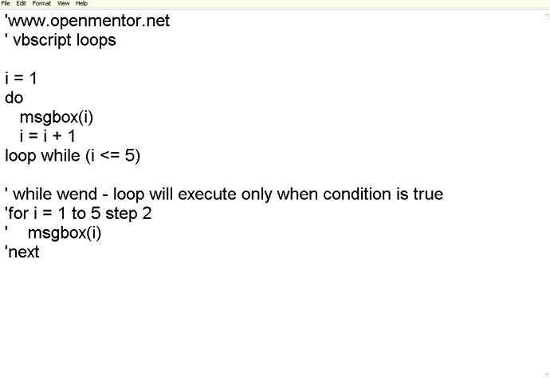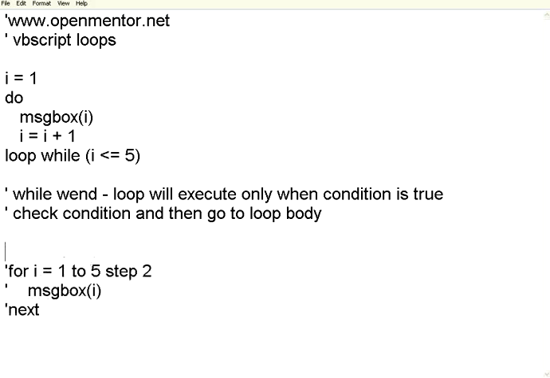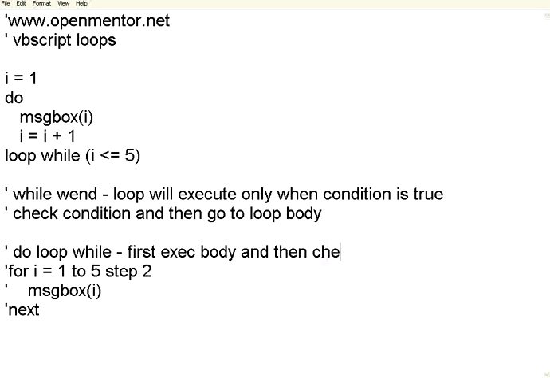You don't have the guarantee of executing at least once. In while wend, it will check the condition and then go to the loop body. Whereas in do loop while, it will first execute the body and then check the condition.